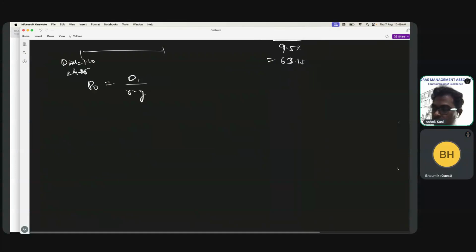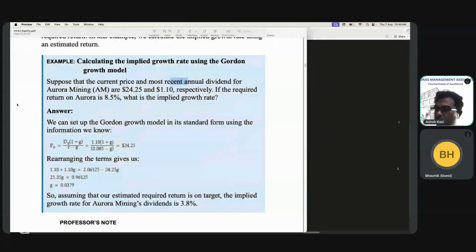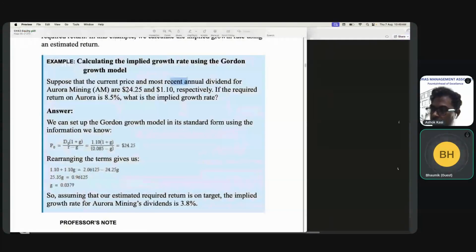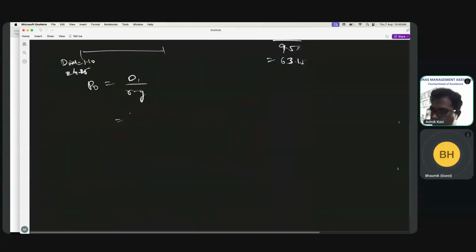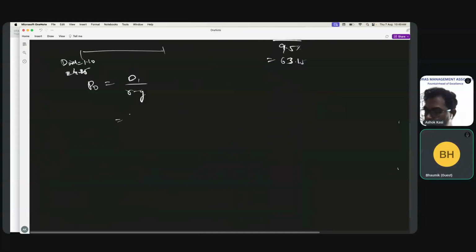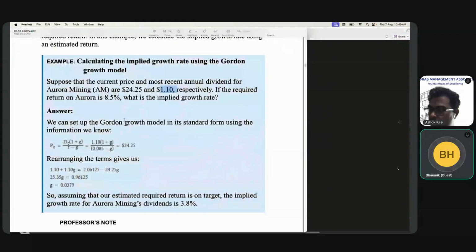If the required return on Aurora is 8.5 percentage, what is the implied growth rate? We have to calculate the growth rate. So I can rewrite this as D0 into 1 plus growth. I know D0, R, and P as well. Then I have to just do some algebra.